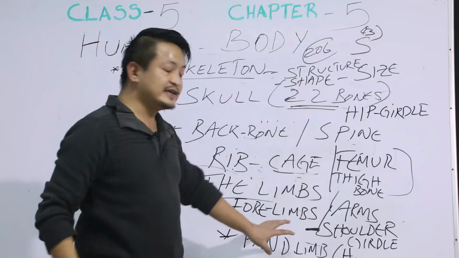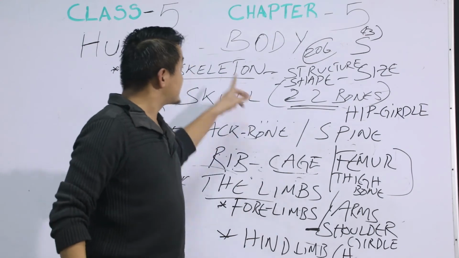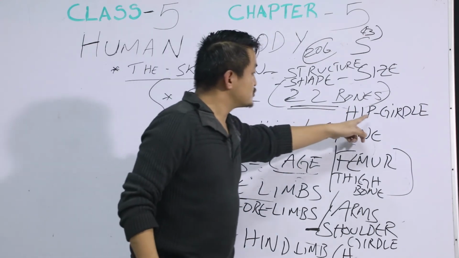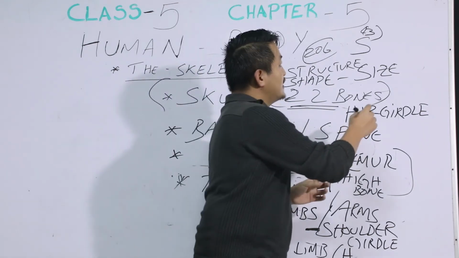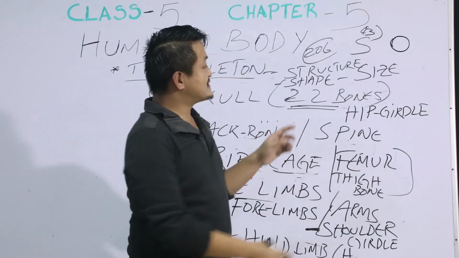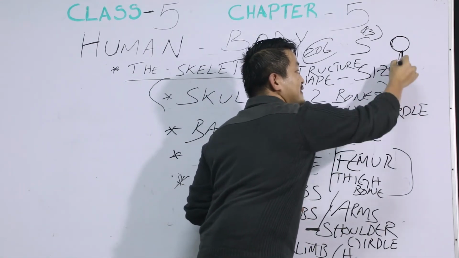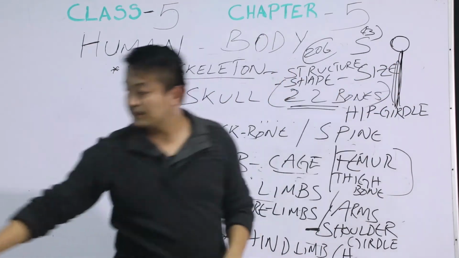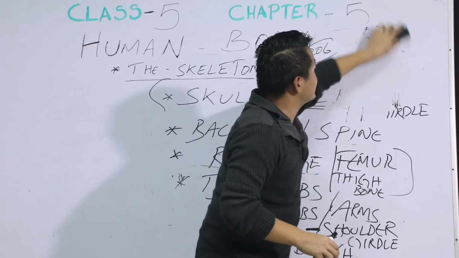This hind limb, the two pairs, are attached to the skeleton through this hip girdle with a ball and socket joint. See, ball and socket joint means, let's say this is the ball, and let's say this one is the leg part. I'll show you here.